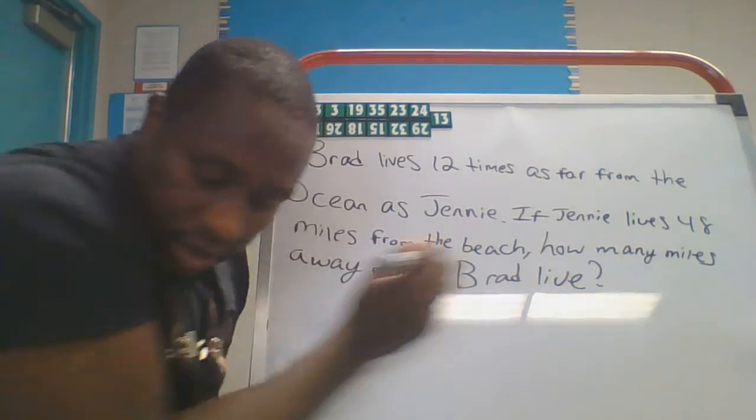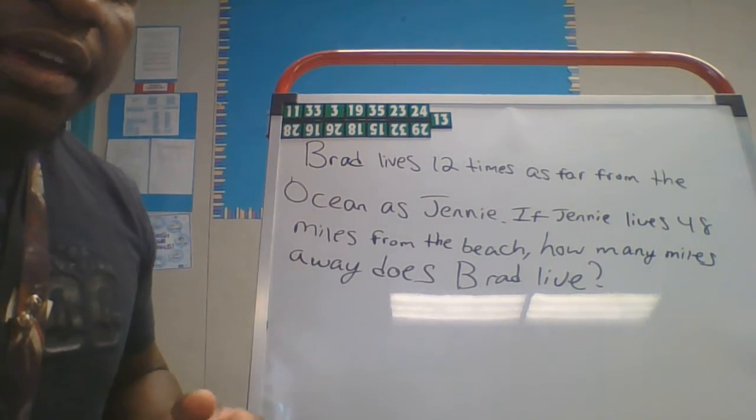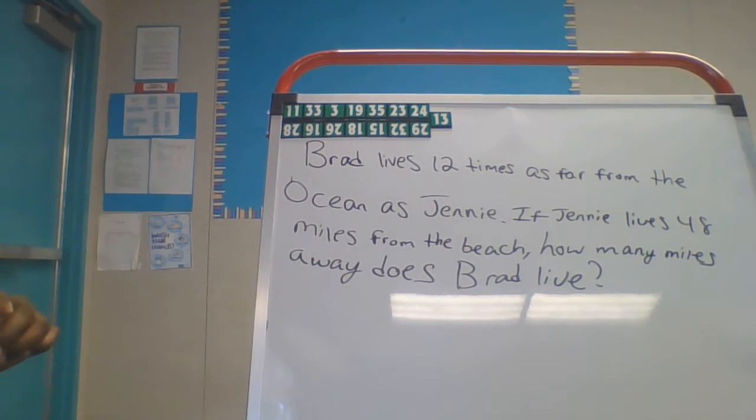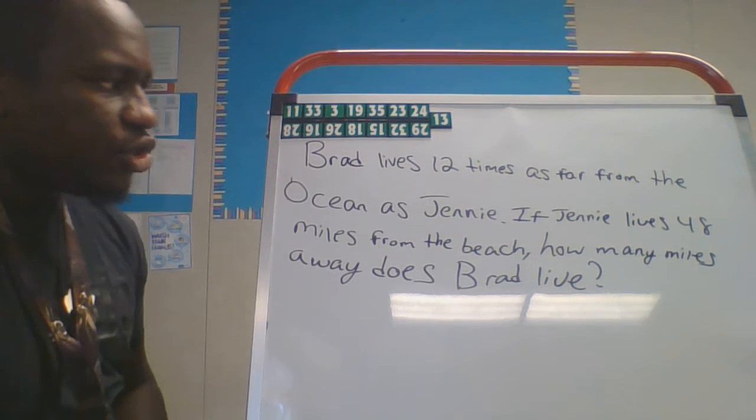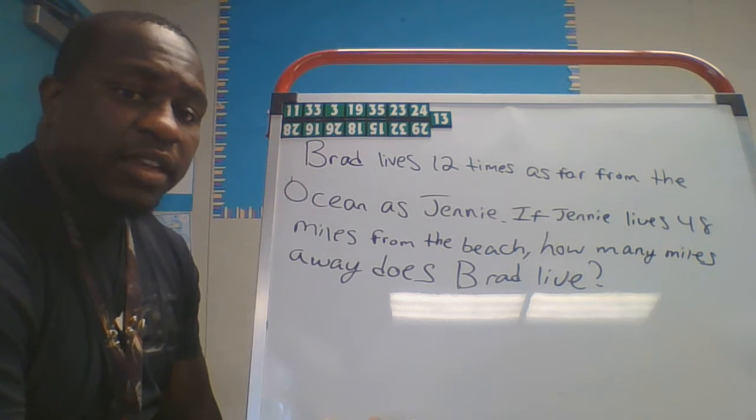Make sure I got everything. Yes, okay, so we got everything here. So Brad lives 12 times as far from the ocean as Ginny. If Ginny lives 48 miles from the beach, how many miles away does Brad live?